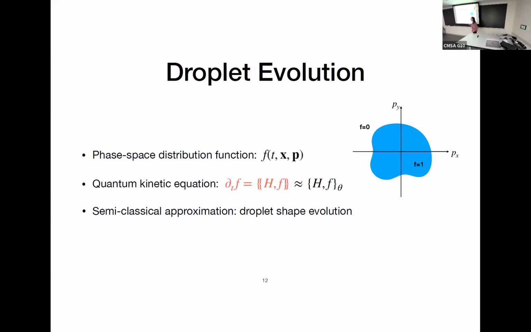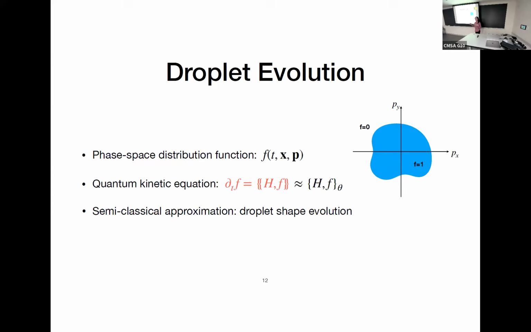If we don't go to the semi-classical limit, the time evolution is governed by this constant kinetic equation. You can see this bracket is related to the Moyal bracket that we've been talking about in the non-commutative field theory.